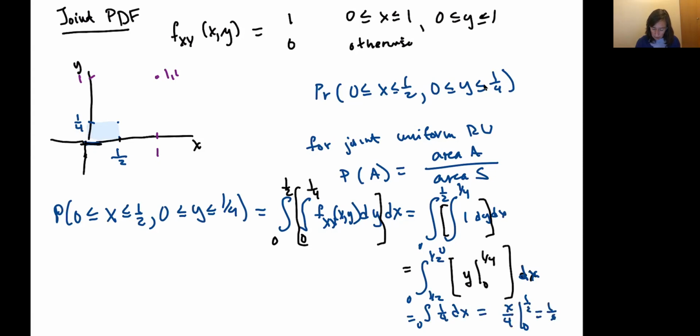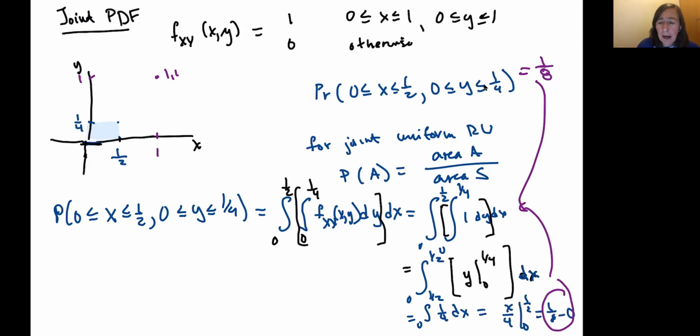That is 1/8 minus 0. And indeed, the answer is 1/8. So in one sense, nothing different than we would ever do, but lots of wiggly symbols to keep track of, and kind of a need to go one step at a time.